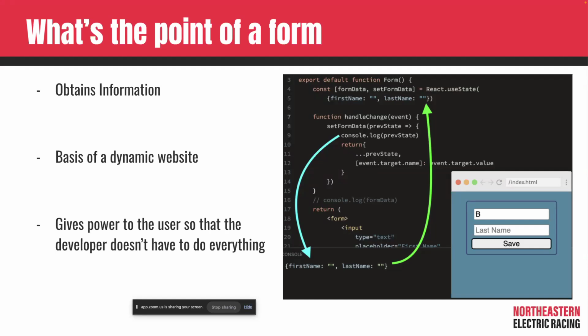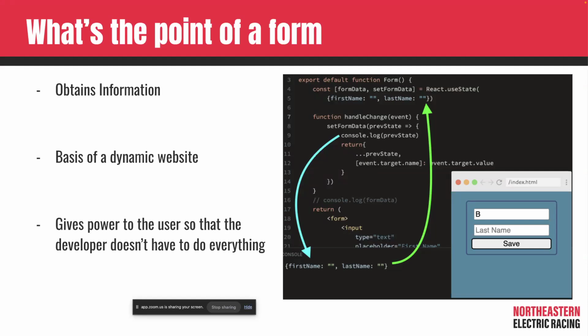So in this case, we're storing this object, first name, last name. And you know that we're doing that because the initial value that you pass into a useState is the default value for it. And then every time you call setFormData, it'll update whatever that initial value is.